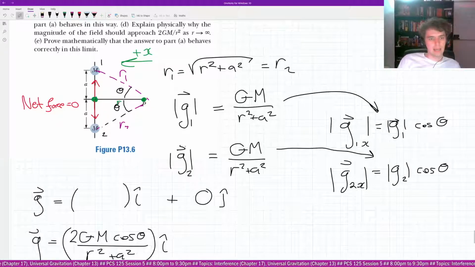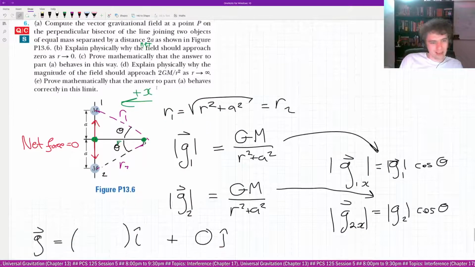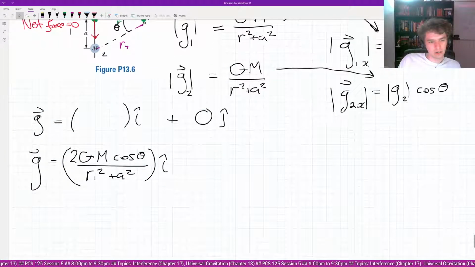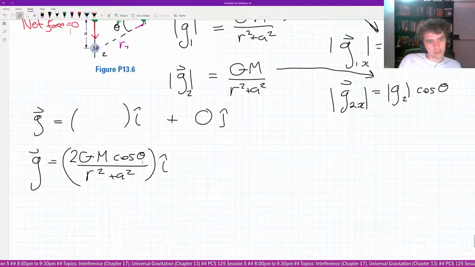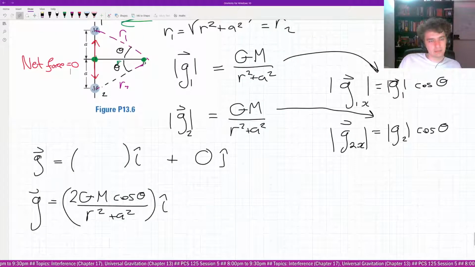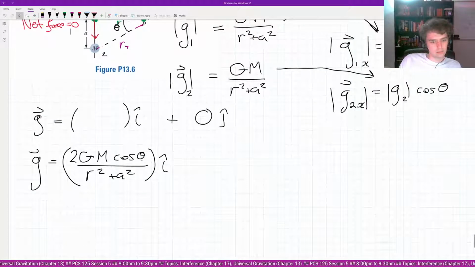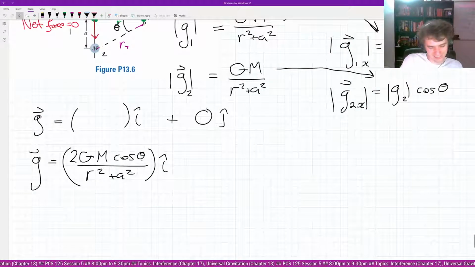Right, so that's kind of half mathematical, half physical. As r goes to 0, what happens here? Theta becomes 90, and cosine of 90 is 0, right? Hold on, let's check that.